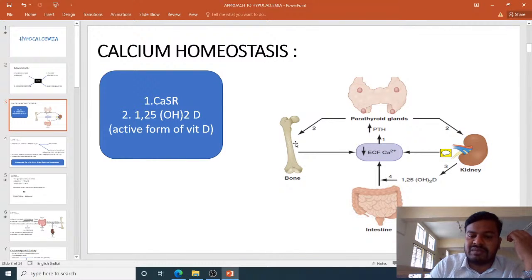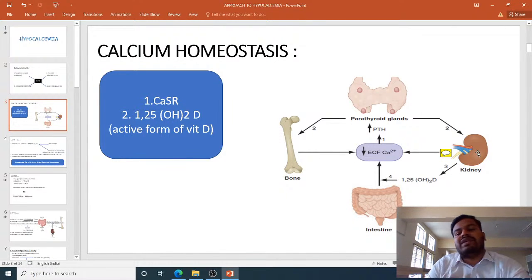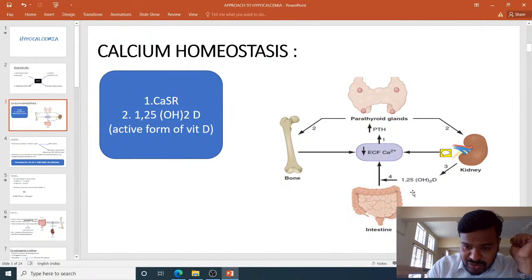It in turn stimulates the bone, where bone releases calcium into the body, and also signals the kidney, where 25-hydroxycholecalciferol is converted into the active form 1,25-dihydroxycholecalciferol, and it also stimulates the gut to absorb more calcium from the food. So this is how calcium is regulated.